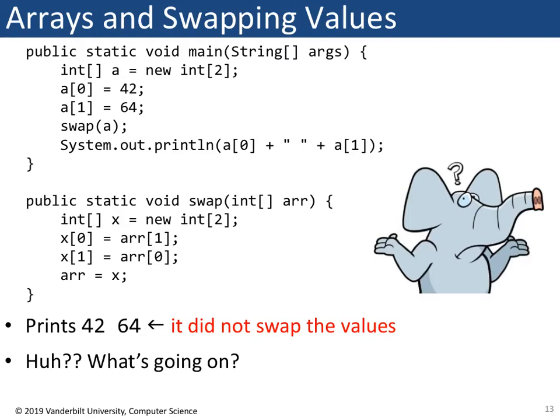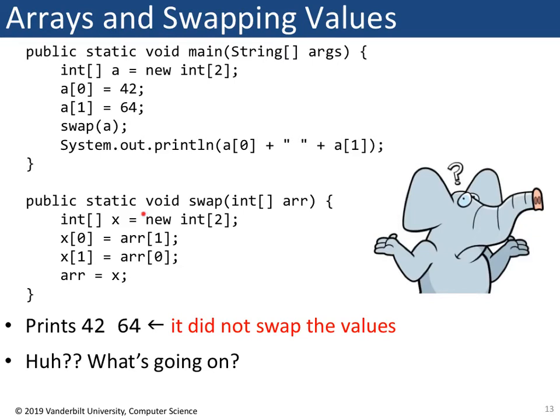Inside our swap method, instead of declaring a temporary variable called temp to store the first value so that we do not wipe it out, we're going to declare a new integer array called x, and we're going to set x equal to a new integer array object with length 2.